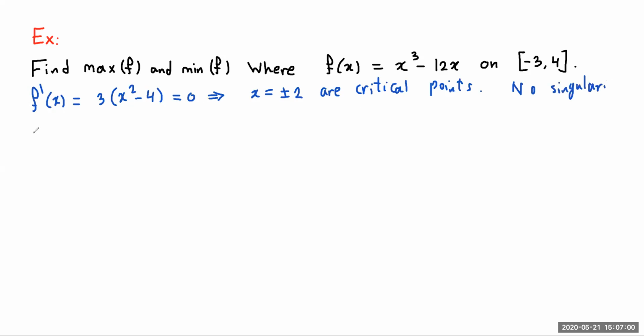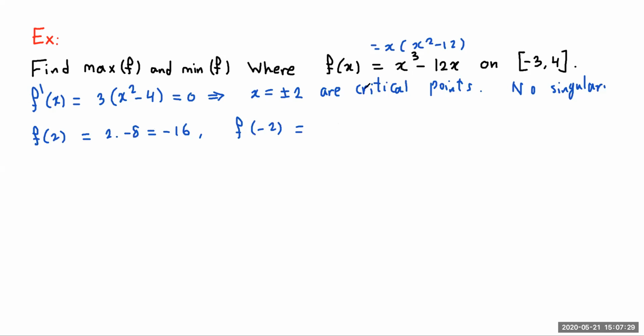Let's calculate f at 2. The function f(x) could be written as x times (x^2 minus 12). So 2 times (4 minus 12), 2 times minus 8, so minus 16. What is f(-2)?